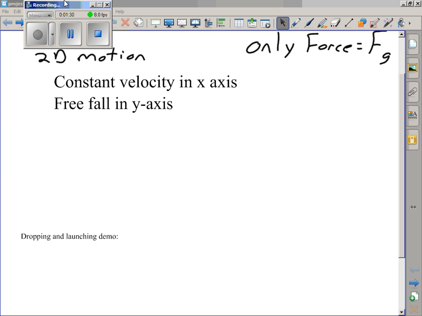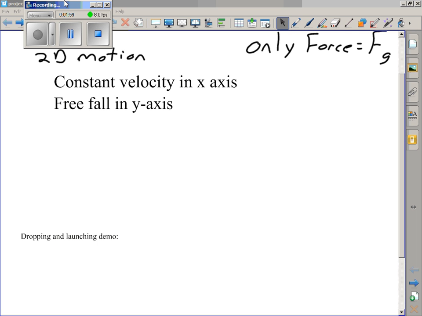Something that is dropped and something that is thrown horizontally will hit the ground at the same time. The purpose behind this is to point out that you can treat the x and y axis as two completely separate objects moving at two completely separate times, and then recombine them at the end.